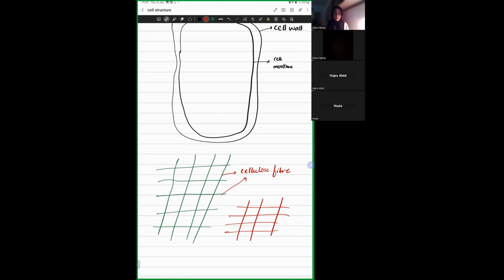They're forming a net. So we say that they're present in a crisscross manner. When these cellulose fibers join together, हमारे पास ये एक fiber run कर रहा है, ये एक fiber run कर रहा है. These are the fibers, and then I have fibers over it. So when they come together in a crisscross manner, there is some porous region left over here.